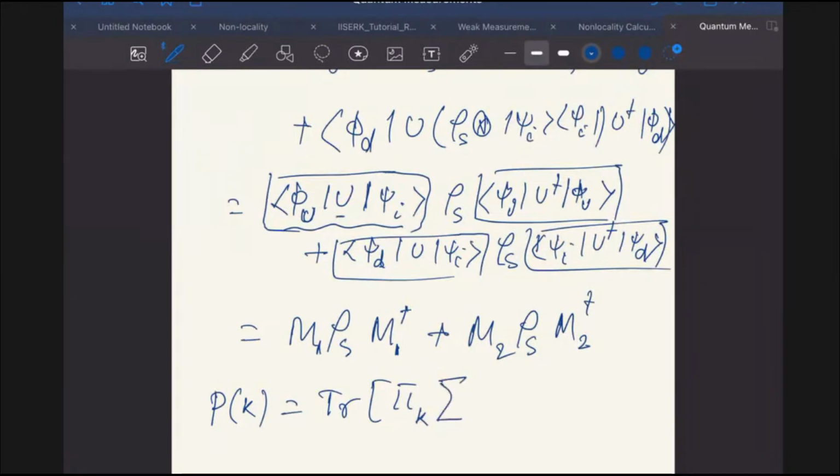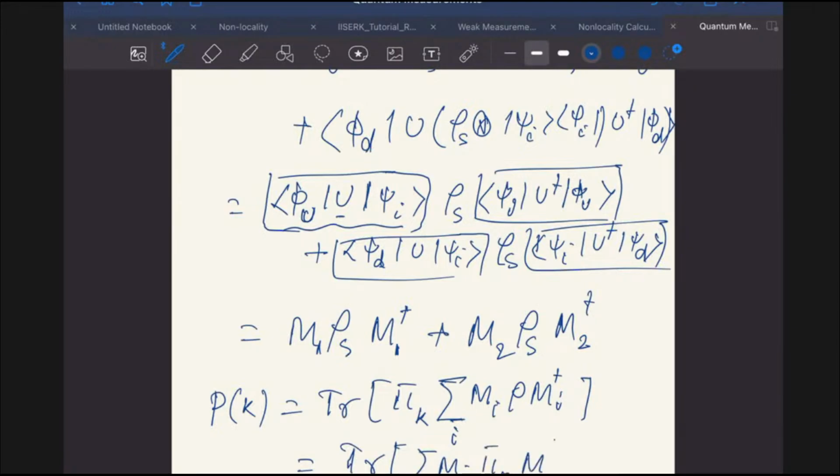So this I can write as some M_i ρ M_i†, and Π_k I can take to here, right? ρ is the state, so in the trace I can do this operation.